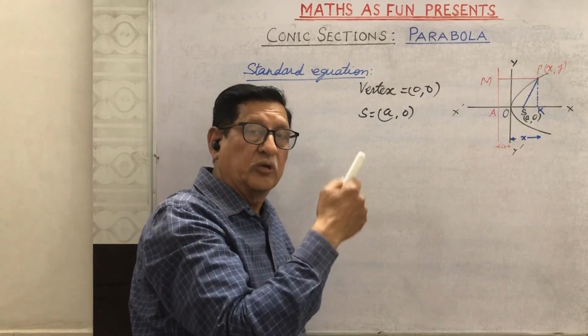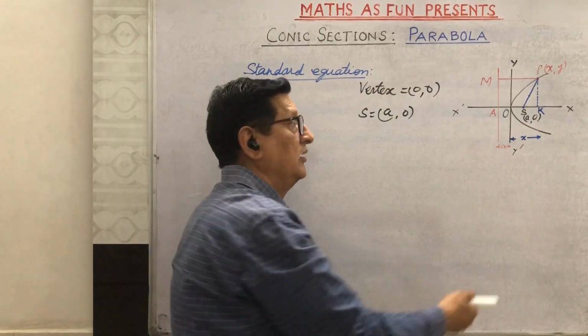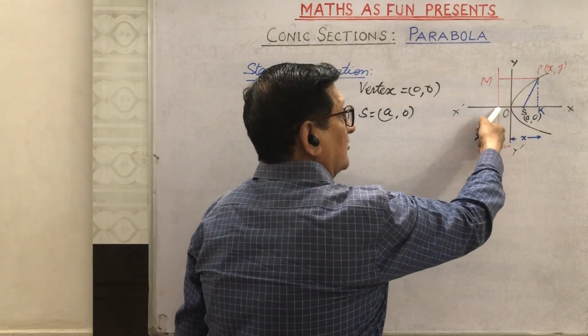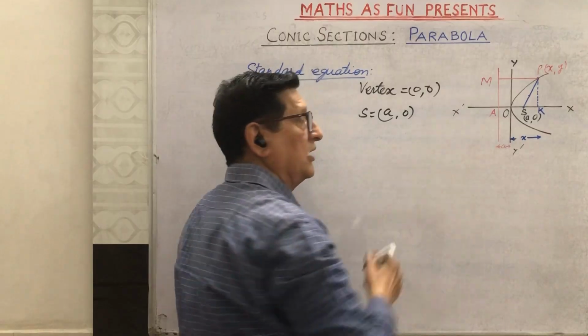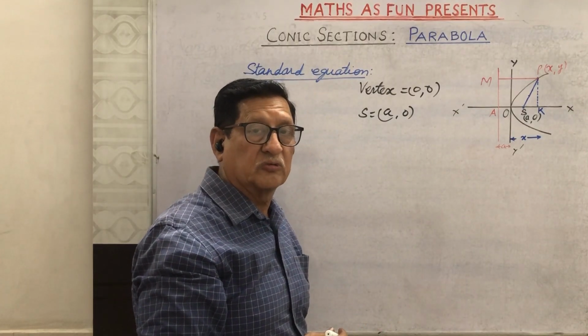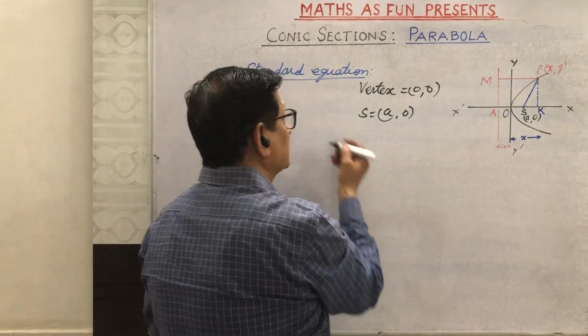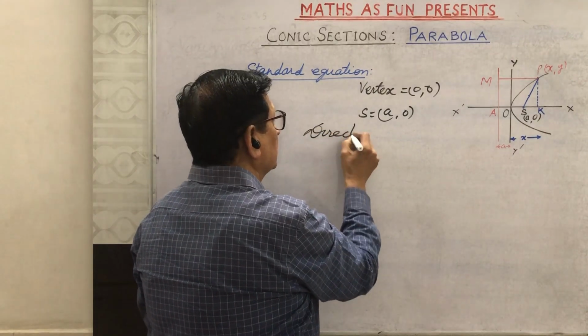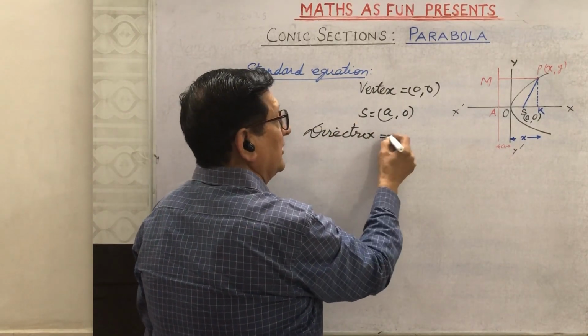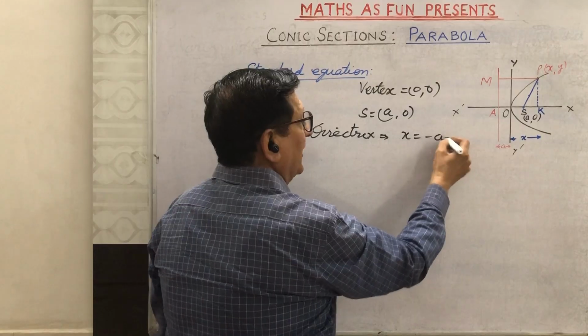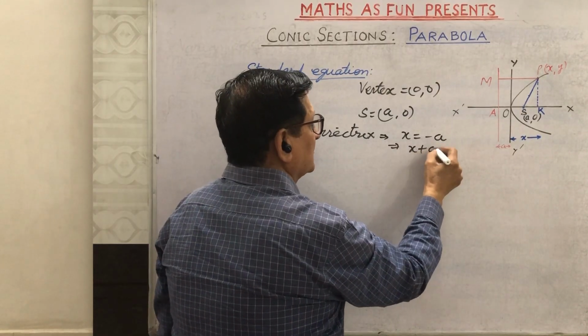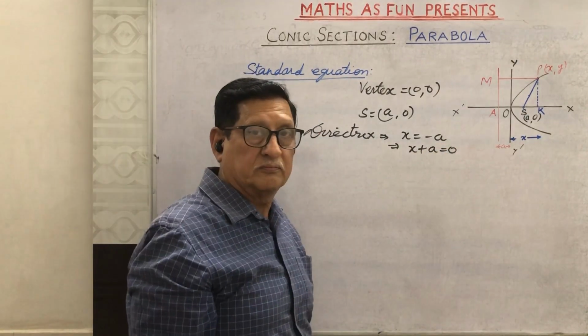Then according to the definition of the parabola, the directrix also will be at distance a from the vertex. Hence the directrix will be x equals minus a, or x plus a equals 0.